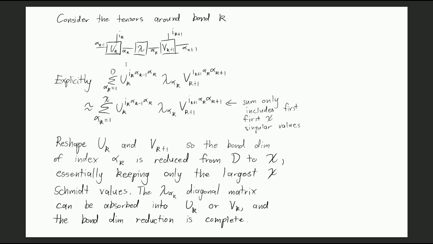Essentially, once you've done that, you've obtained a new matrix product state which approximates the original one, but the bond dimension of bond K has been decreased from D to chi. And the approximation comes from discarding small Schmidt values or small singular values.